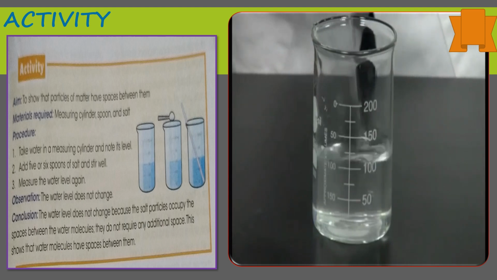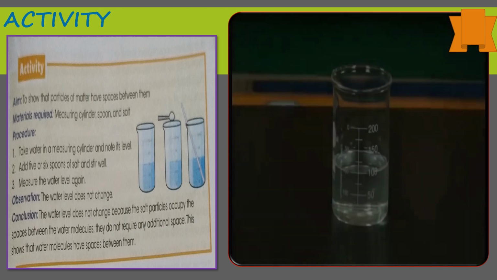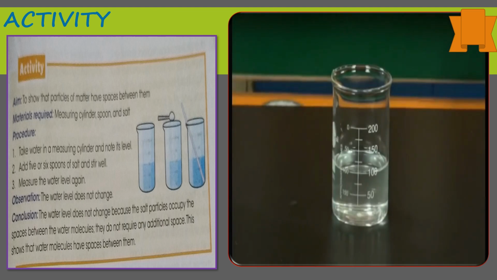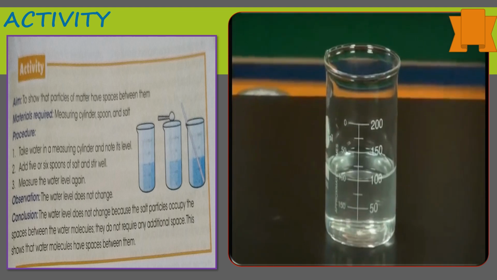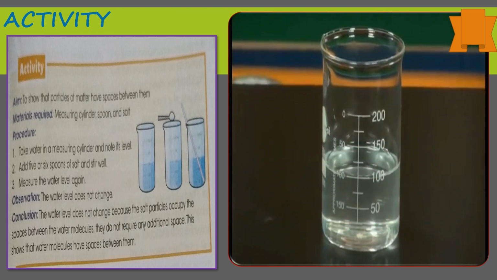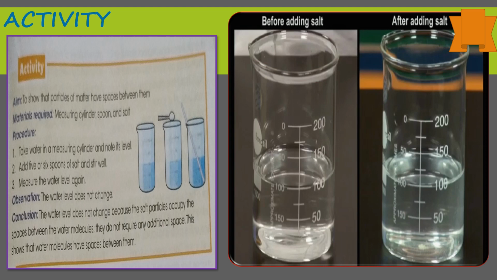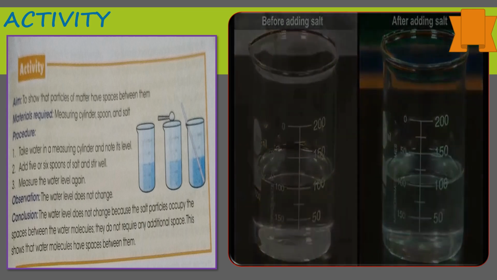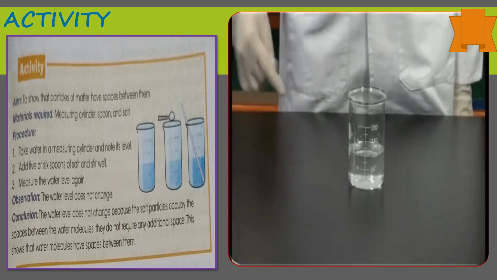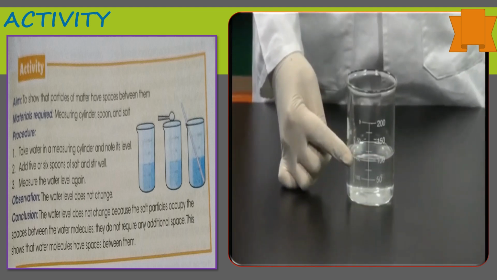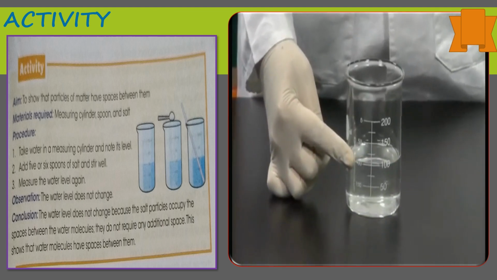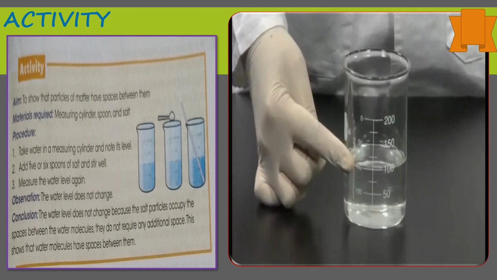When the salt gets dissolved in water, measure the water level again. Here you can see that the water level is still 100 ml. Observation: the water level does not change. Conclusion: the water level does not change because the salt particles occupy the spaces between the water molecules.